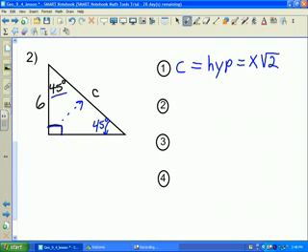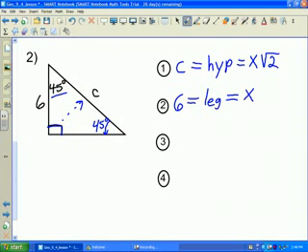Second step is asking us, what do we have? And we have a nice little 6 here. And 6 is equal to a leg, which we know equals just plain x. That's what this special triangle is based off of, the legs.